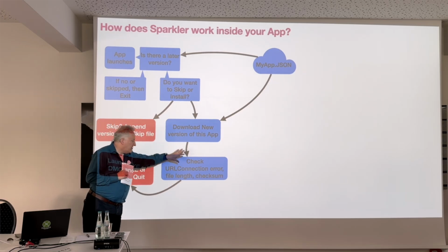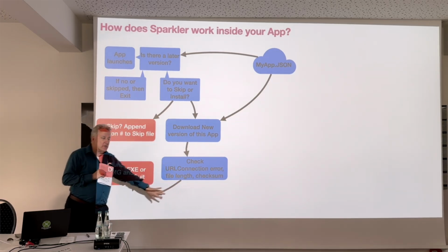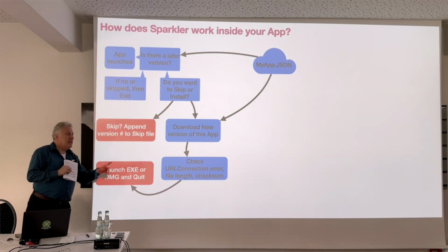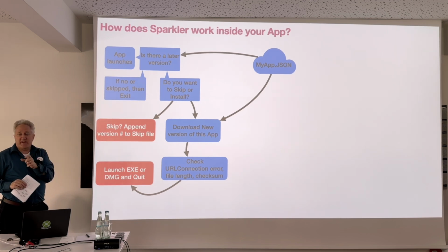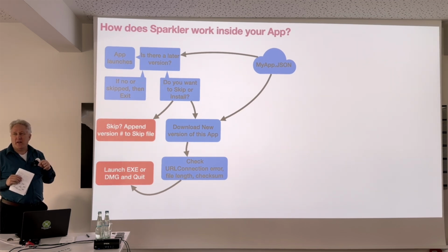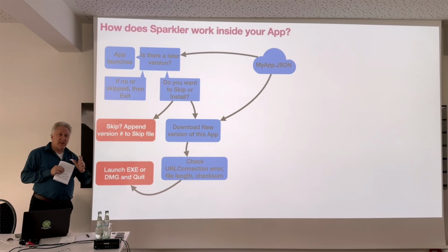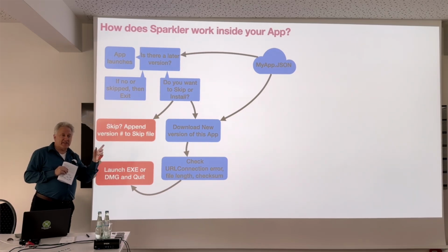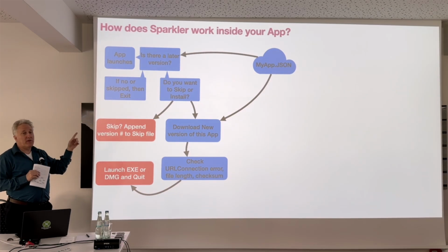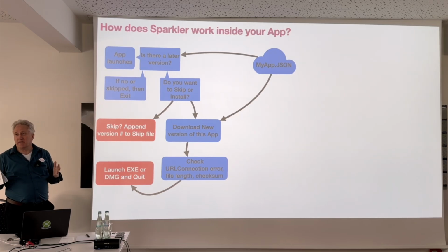If we do download it and it passes all of these tests, then it looks to see what's the extension on that file that I've downloaded. If the extension of it is an exe, you go, oh, that must be one of those Inno Setup exes.